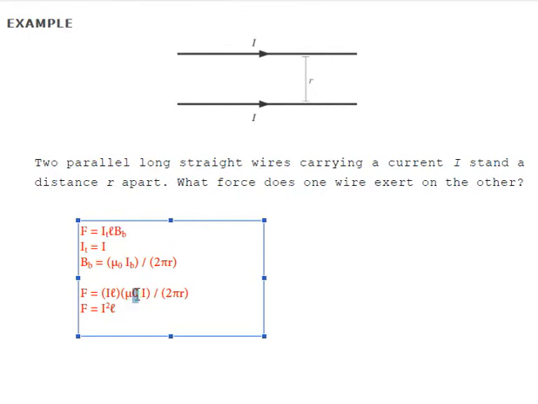Our L and our mu naught don't change, so we still have those things. And then we have nothing to do with our 2 pi r, so that just stays the way that it is. And that would get us the magnitude of the force, so that would be how big it is.